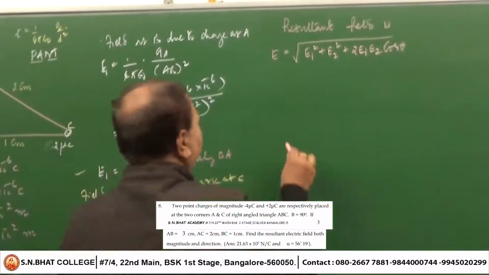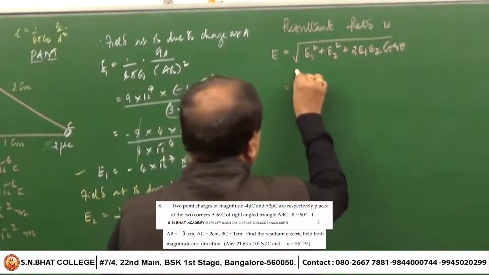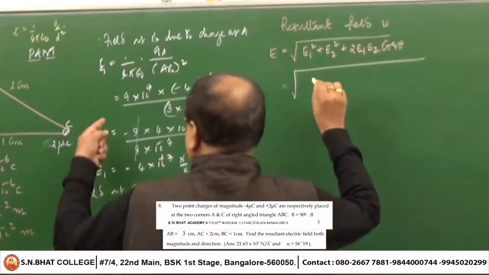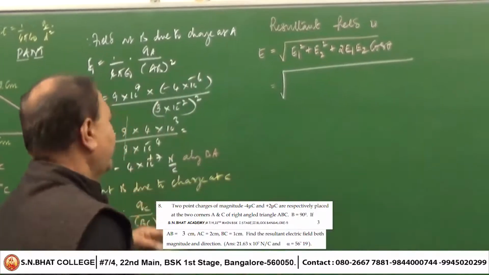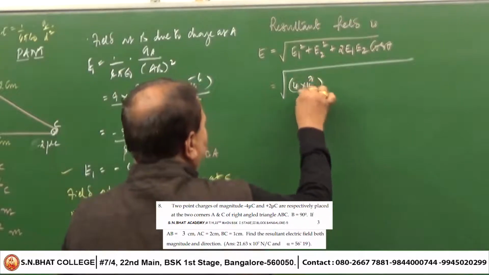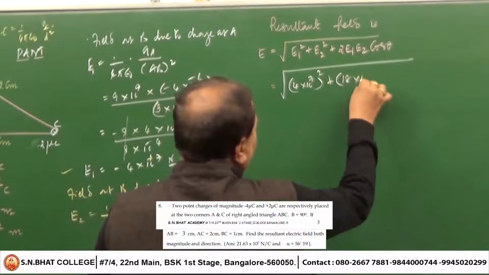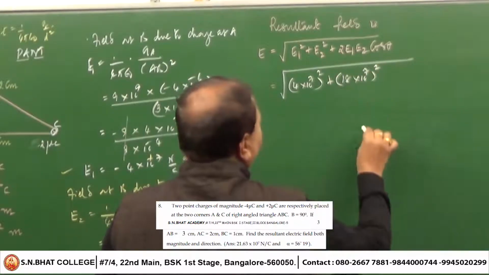So therefore, your resultant field is equal to square root of E1, that is 4 into 10 to the power of 7 whole square plus 18 into 10 to the power of 7 whole square.